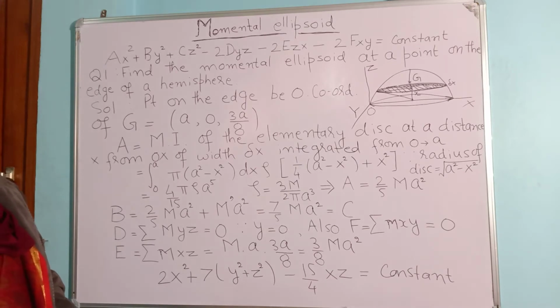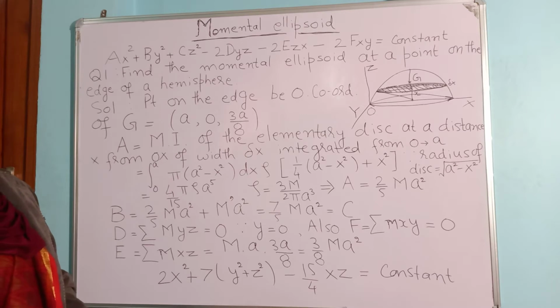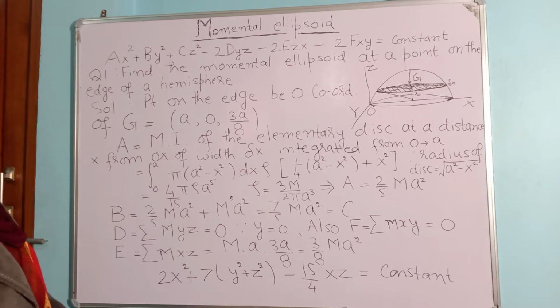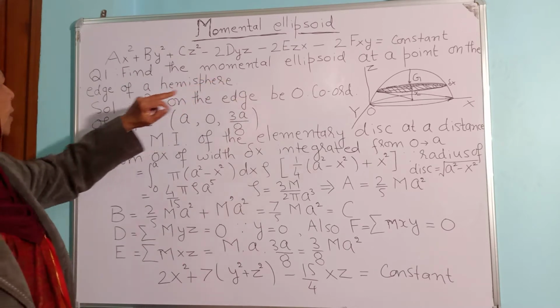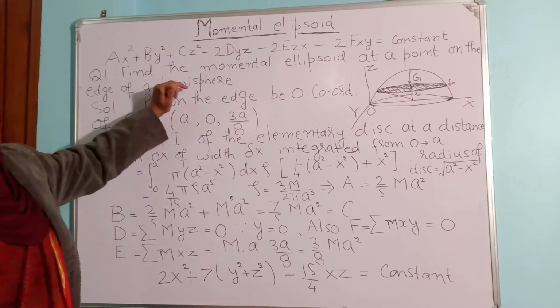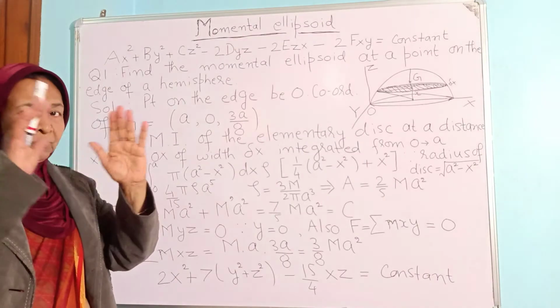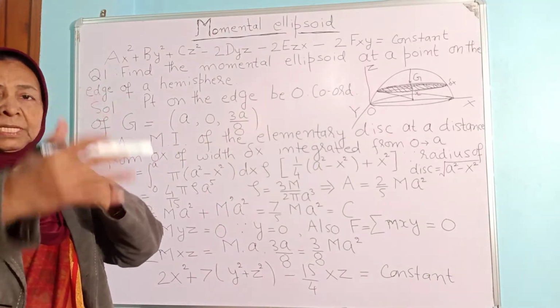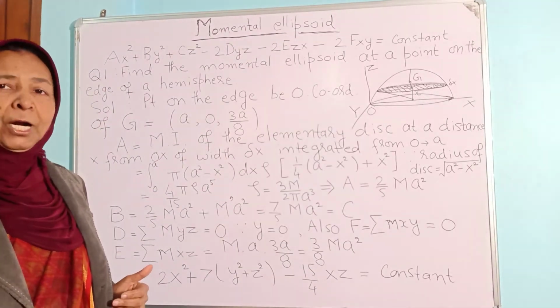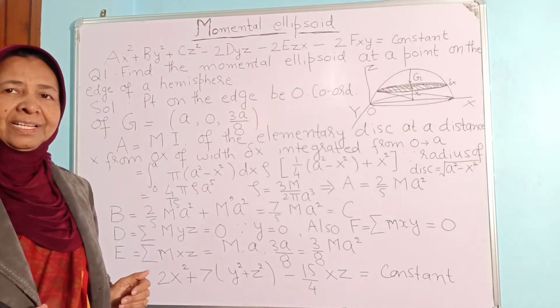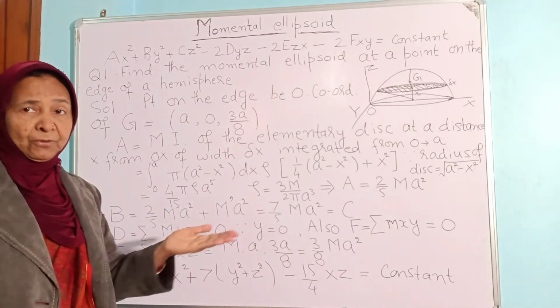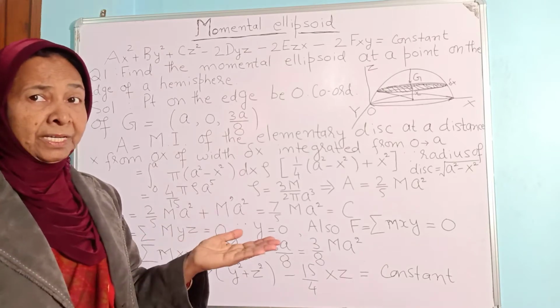The very first question which I am taking is of 3 dimension, that is to find the momental ellipsoid at a point on the edge of a hemisphere. All of you know hemisphere is a 3-dimensional body, a section of the sphere, half of the sphere cut from the diameter.